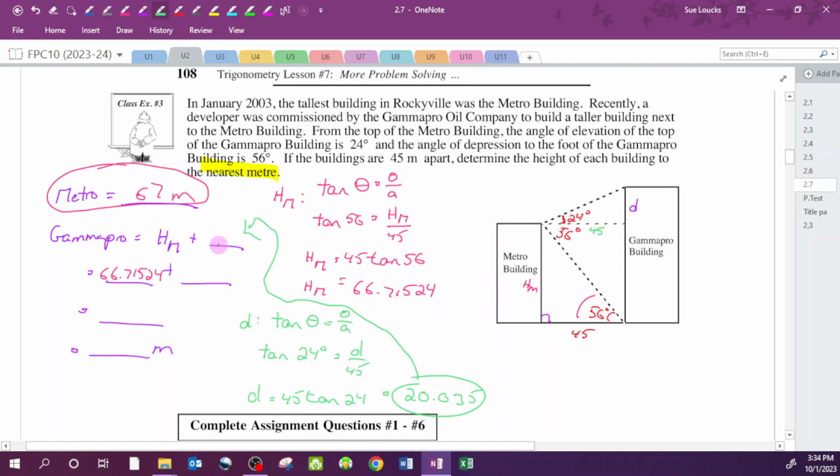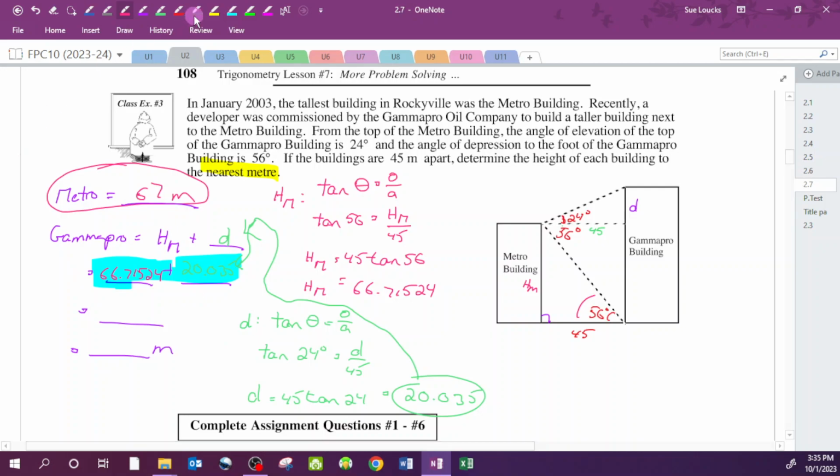So I'm going to write this up here. Oh, that was supposed to be not a blank. That was supposed to be plus D. Sorry. This is where I'm going to write the value for D, 20.035. Oops, lost my decimal. Now I can add those, but don't round, okay?